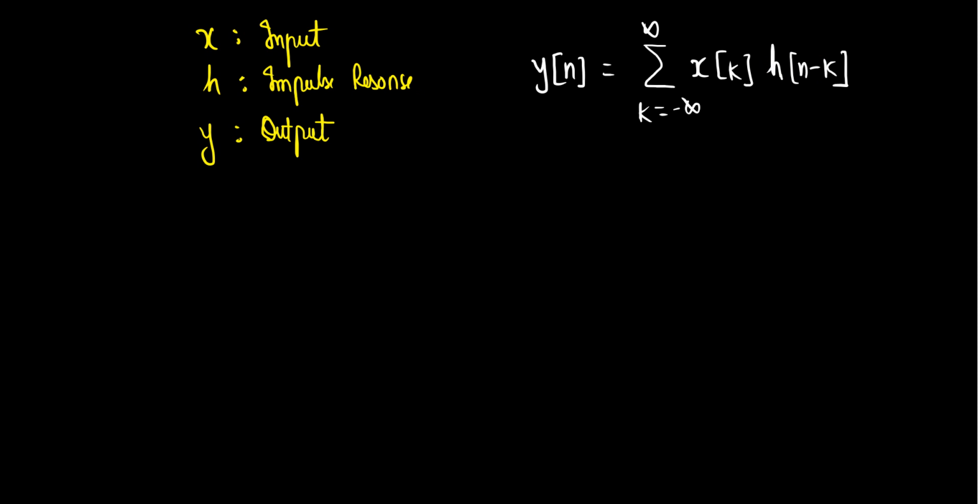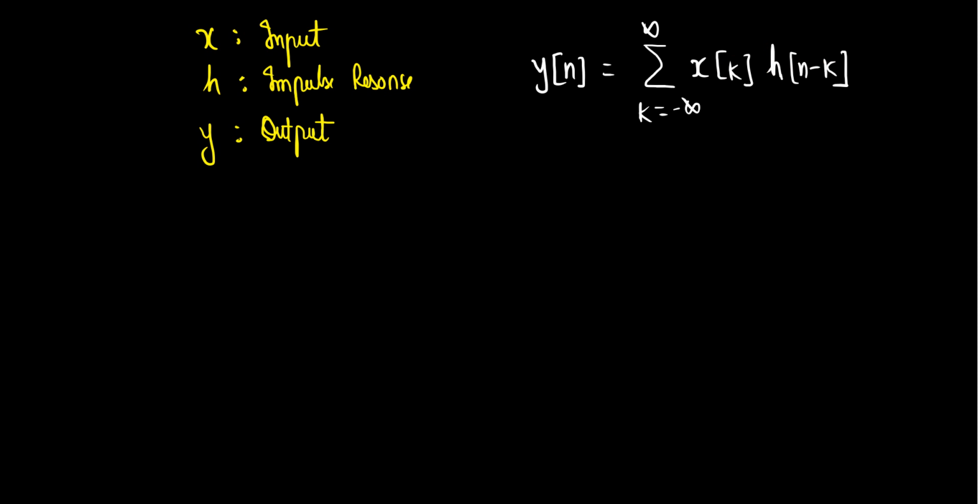So you must note that both x and h here are functions of k, whereas n is simply the amount of shift. So the h here is a function of k. We can treat h here as a function of k.